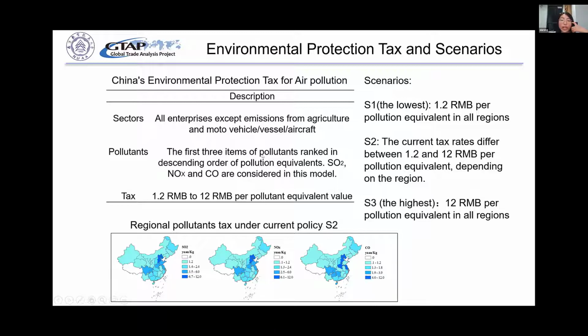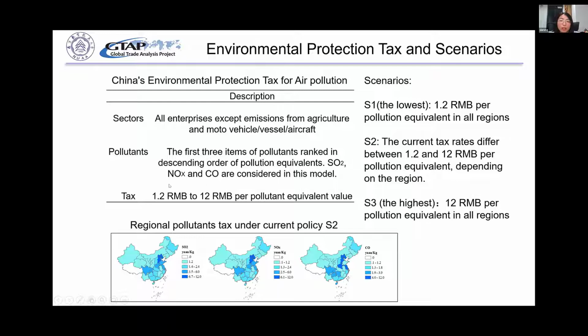And the first three items of pollutants should be levied the tax. Here we use the pollution equivalent. The pollution equivalent value is the air pollution quantity that takes into account the harmfulness of the pollutants, and it also accounts for the cost of dealing with them. After our calculation, SO2, NOx, and CO are the first three air pollutants considered in this model.